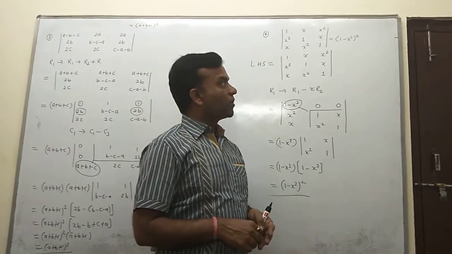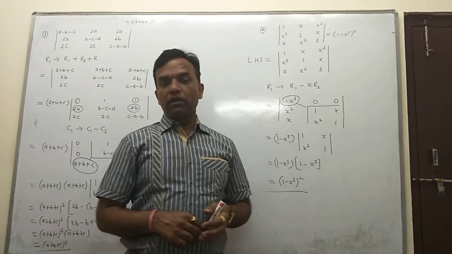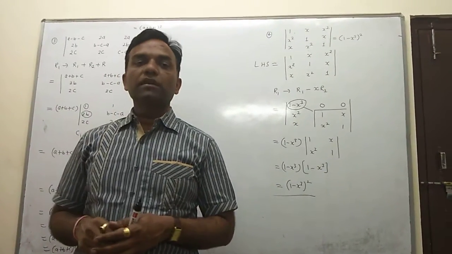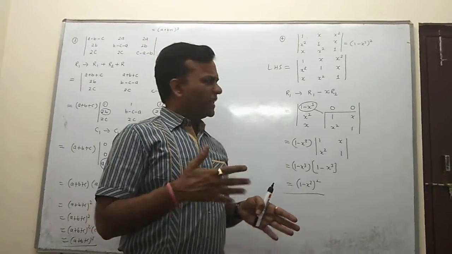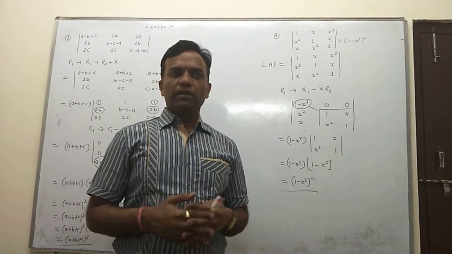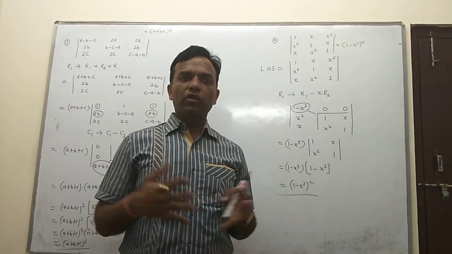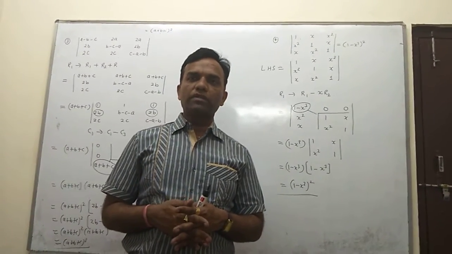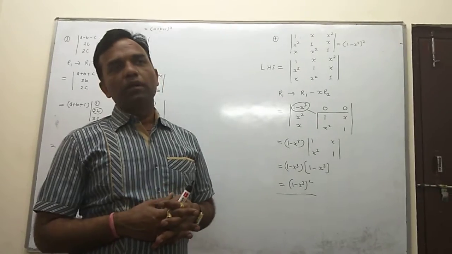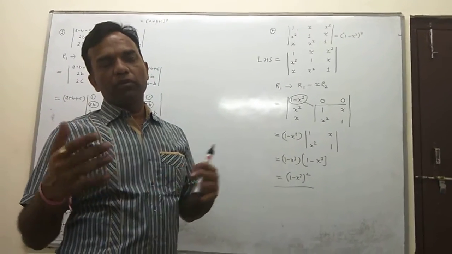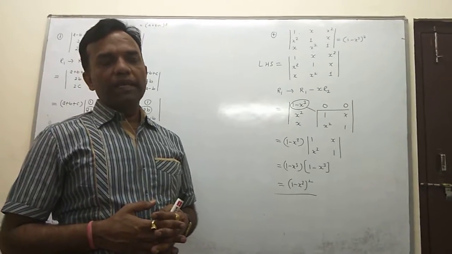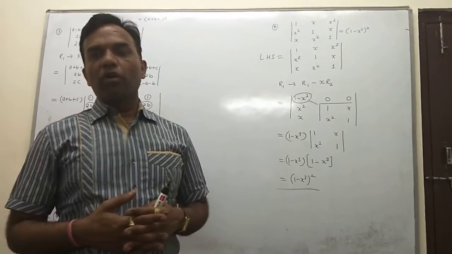So the concept of these properties of determinants is now over, because many questions you try in this way by these properties. First you learn the concept, how you apply the row operations, how you apply the column operations, by which value you multiply, and then you subtract row with row or column with column, and then you proceed with the question and get the result.